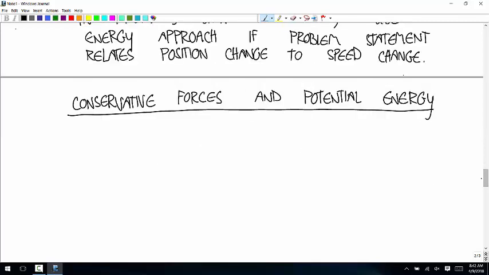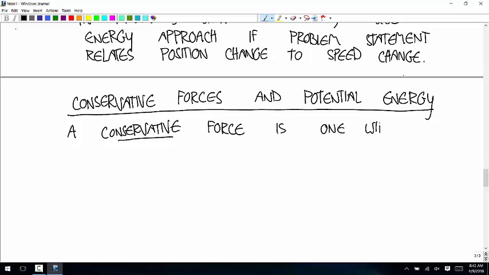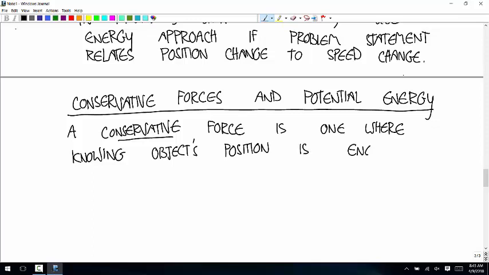And so a conservative force is one where knowing the object's position is enough to know the force.